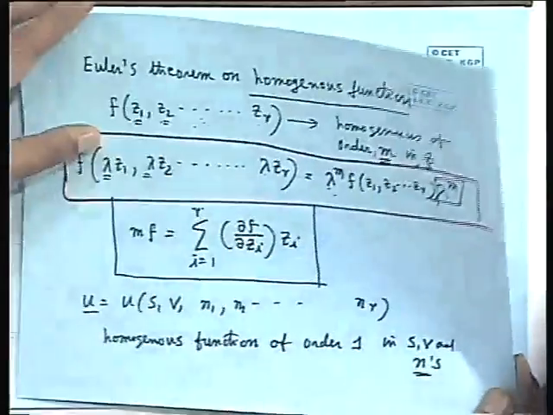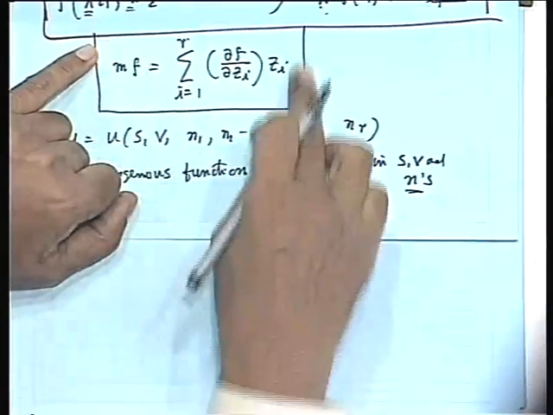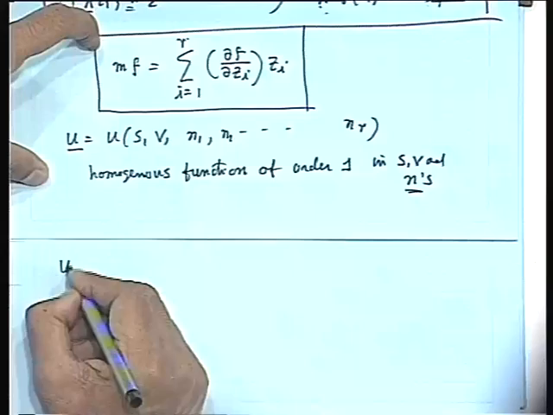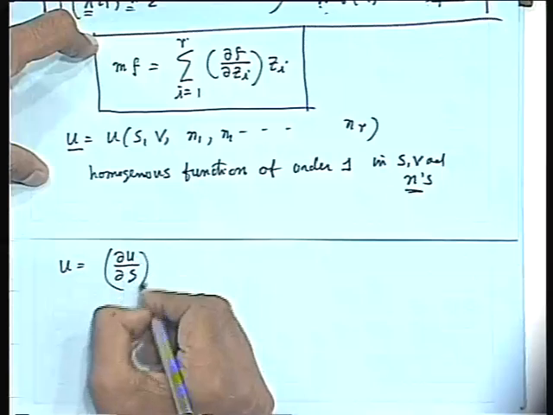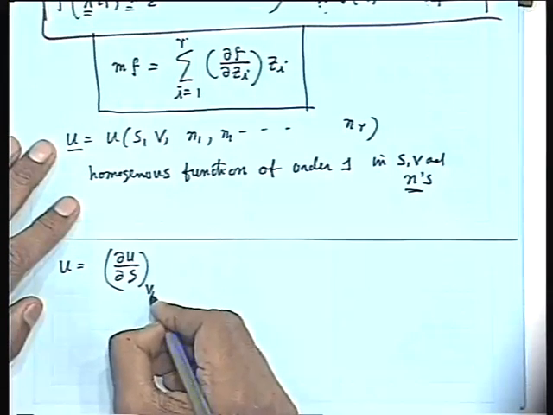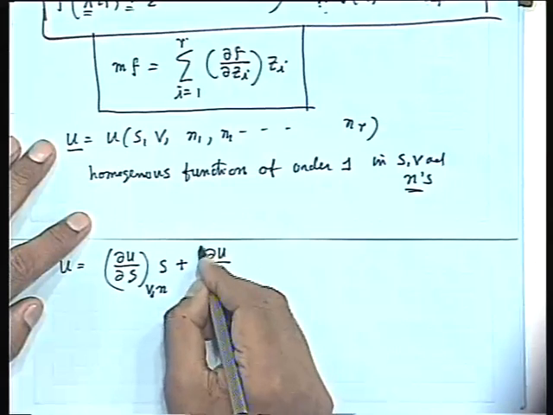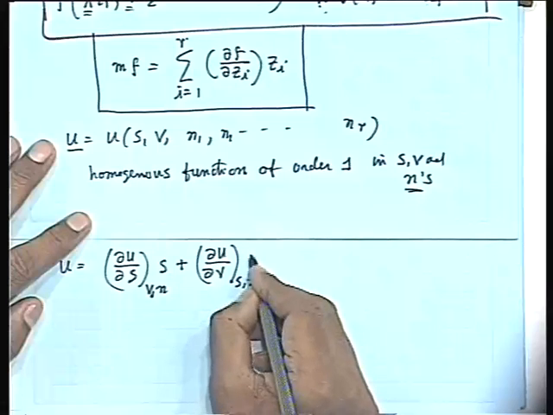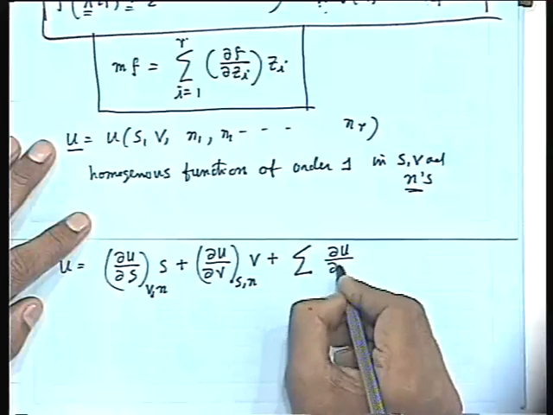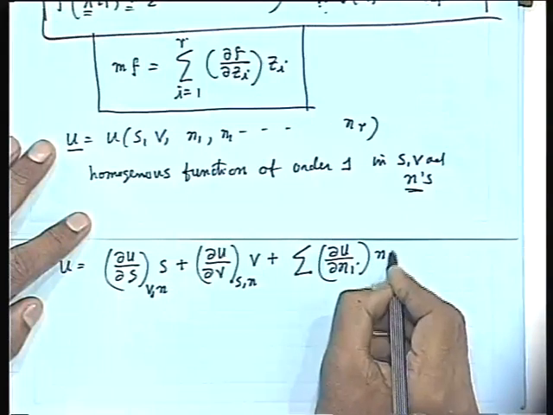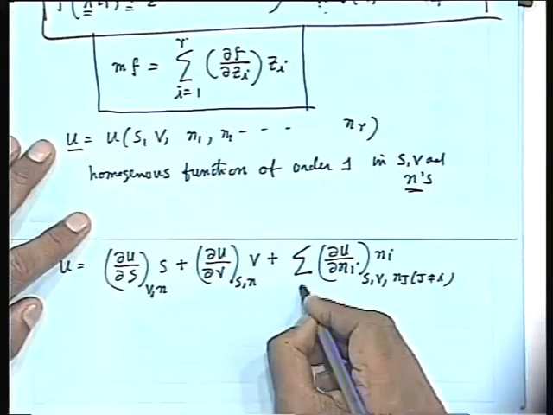So if now I exploit this information with the use of Euler's theorem, we can write U is equal to, here m is equal to 1, then ∂U/∂S times S, that means V and n constant, plus ∂U/∂V at S and n times V, plus the sum of ∂U/∂nᵢ times nᵢ, with S, V and nⱼ (j not equal to i) constant, i = 1 to r.